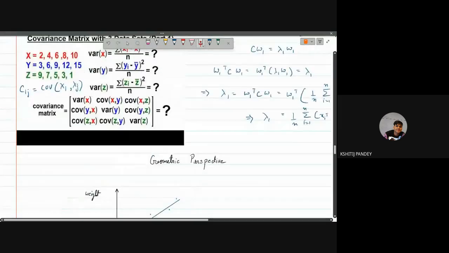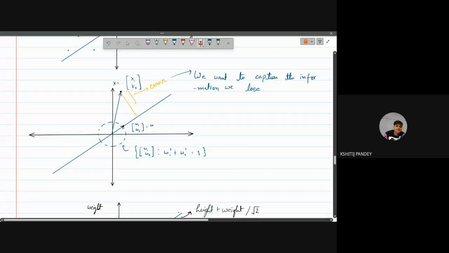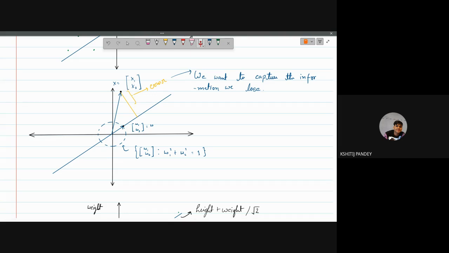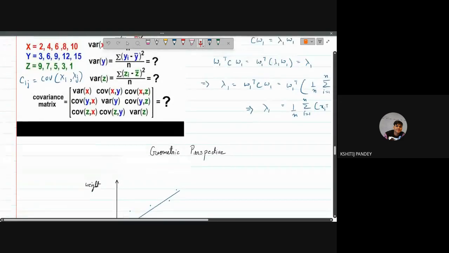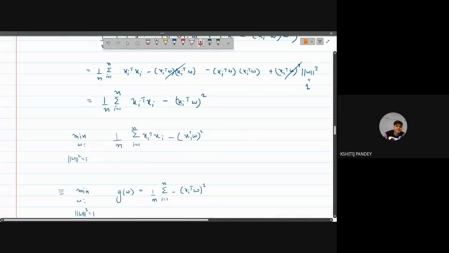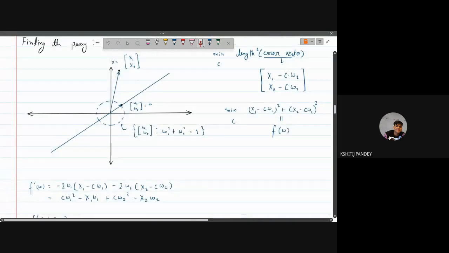We talked about error, right? On the original data, we performed our algorithm and got a best fit line. Now what is the error vector? Let's go back here. Yeah, this is the error vector.